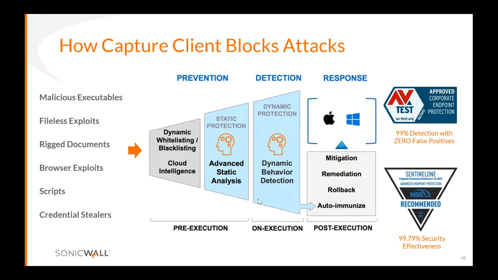All the files, the known attacks, and advanced attacks will be checked against our SonicWall Threat Intelligence Cloud. If anything matches, then you will get the signature within a second. And for dynamic cases, for signature-less attacks coming in a script or anything, they can be blocked using dynamic behavior detection.